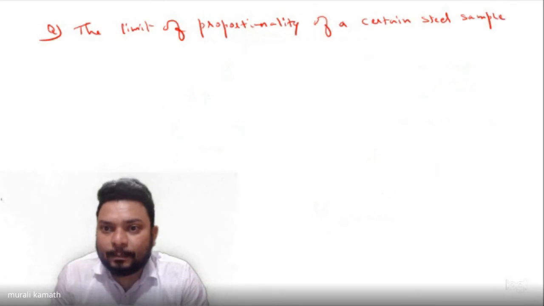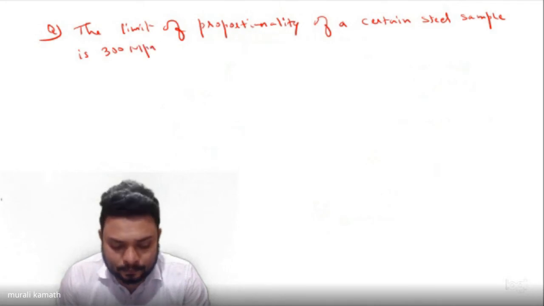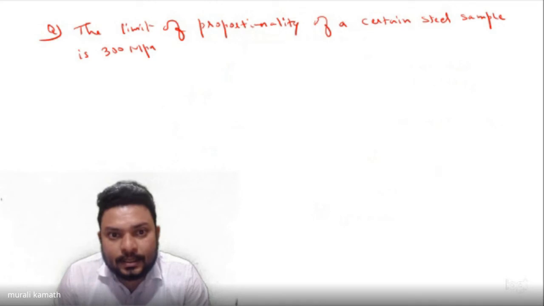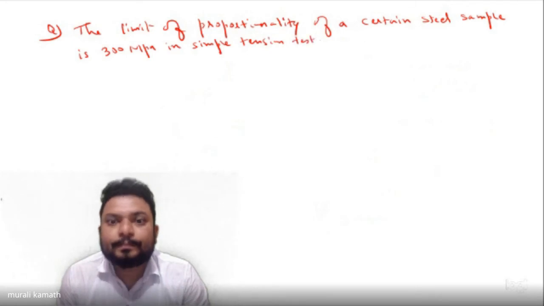The limit of proportionality of a certain steel sample is 300 MPa in a simple tension test.